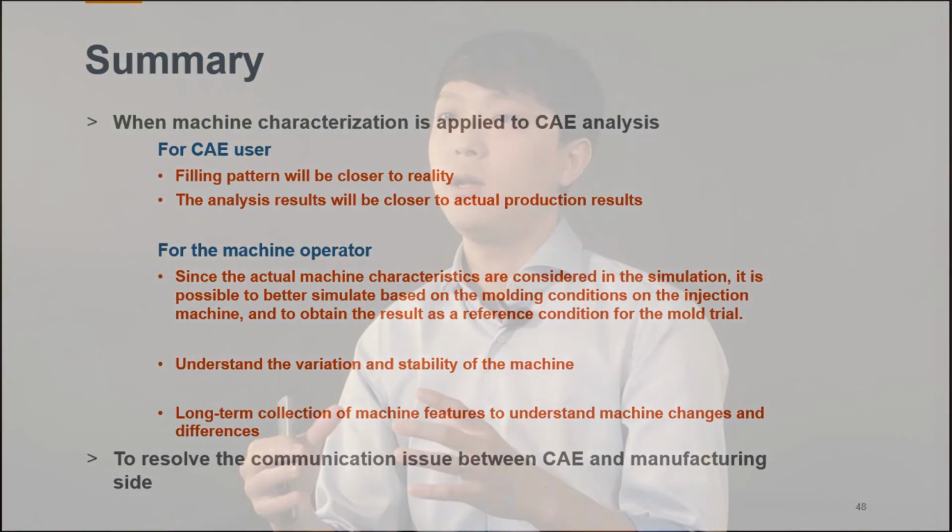The process engineers no longer have to worry about whether the machine is considered in the analysis. And also, they can understand the maximum error and the standard deviation of their machine, and they can know whether their machine is stable or not.